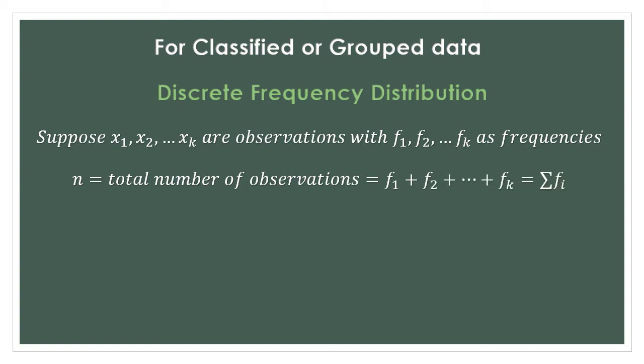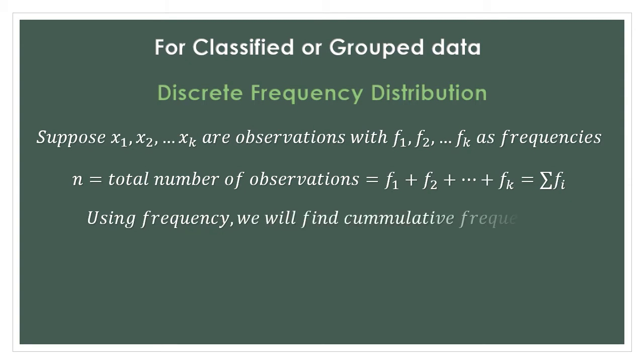So this time when we take n, it will be the total of all the frequencies. Now using the frequency distribution, we calculate our cumulative frequency. Yes, the second chapter topic, the cumulative frequency, if you don't know, just go to the top right corner of your screen. That concept we are going to use in this calculation.